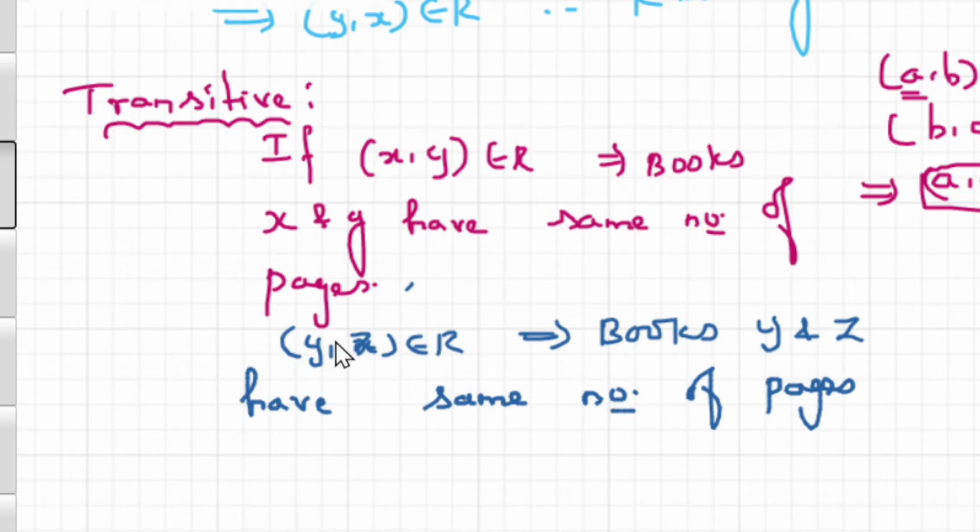Here we have x, y and y, z. From this we can conclude: x and y have the same number of pages, y and z have the same number of pages. If we compare these two, we can conclude books x and z have the same number of pages.